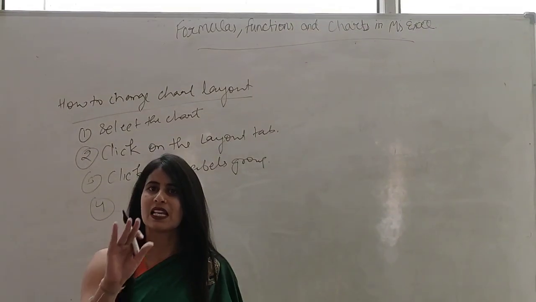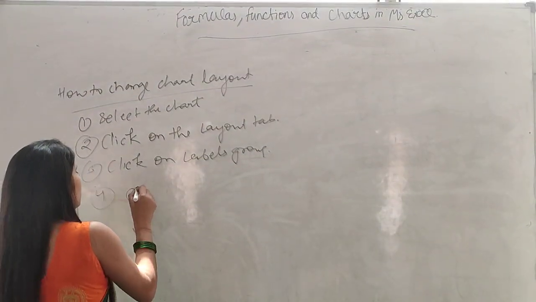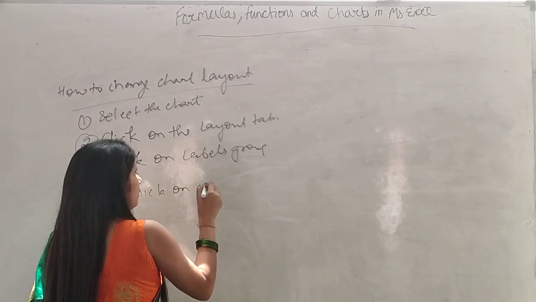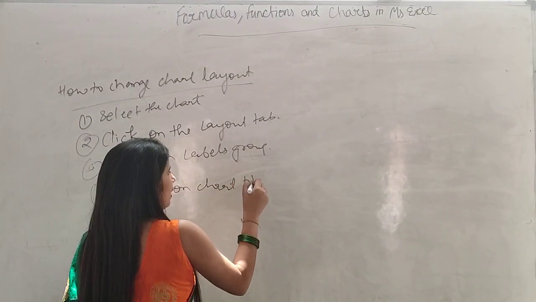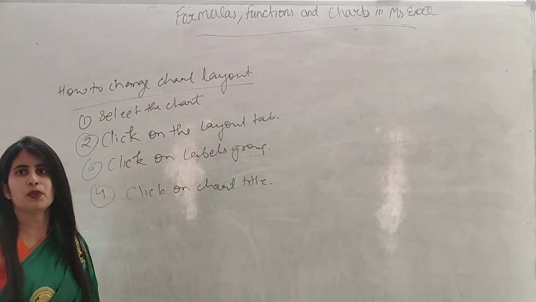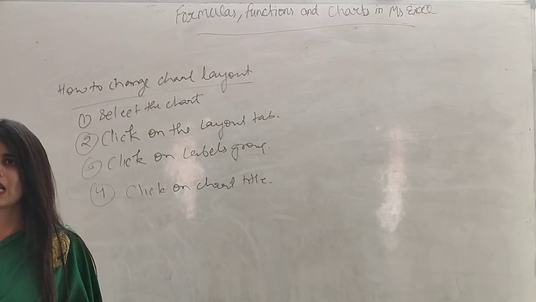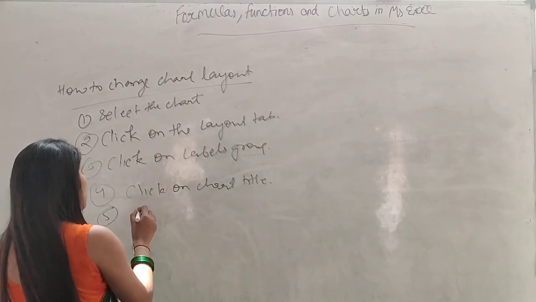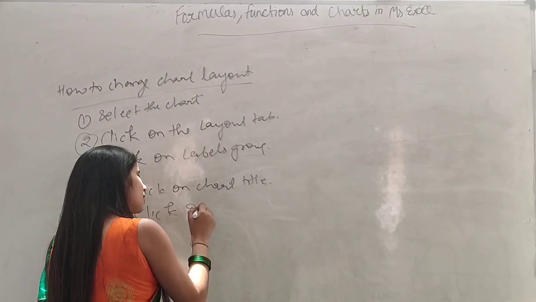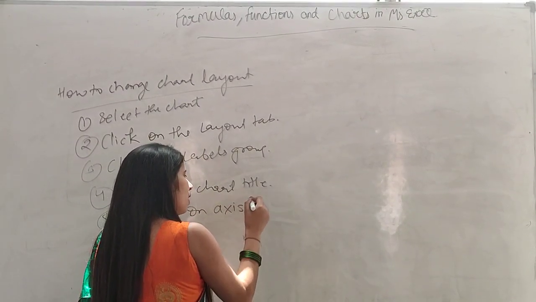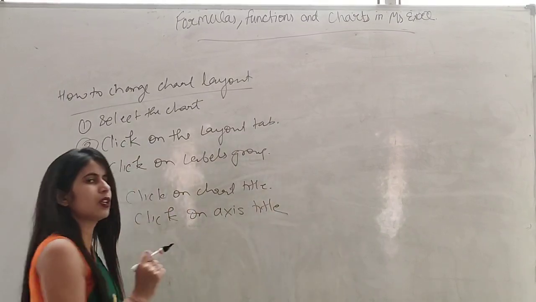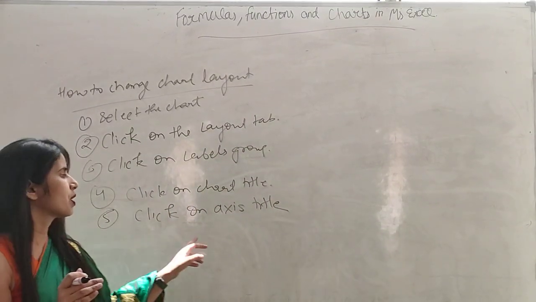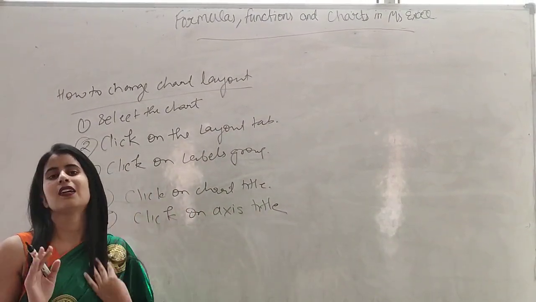Suppose you want to change the chart title. So click on chart title, and you are able to change the chart title. If you want to change the axis title, you have to follow the same procedure, but you have to click here on the option, click on the axis title.